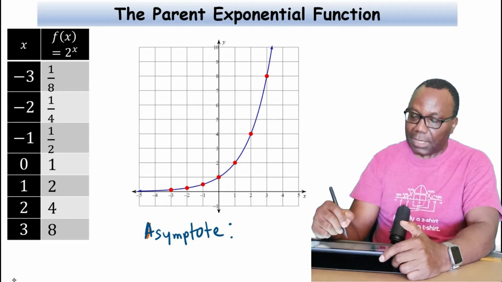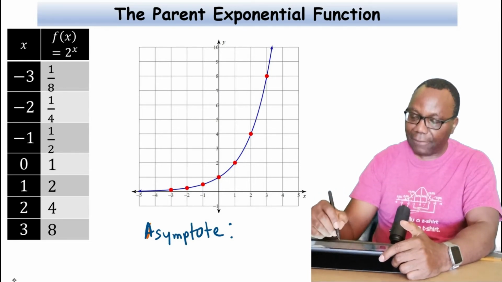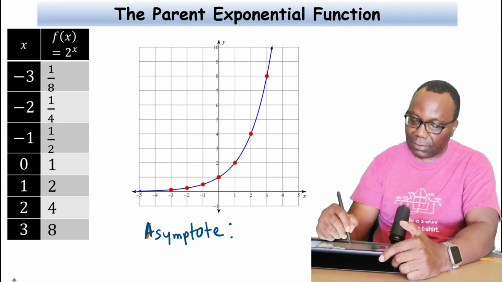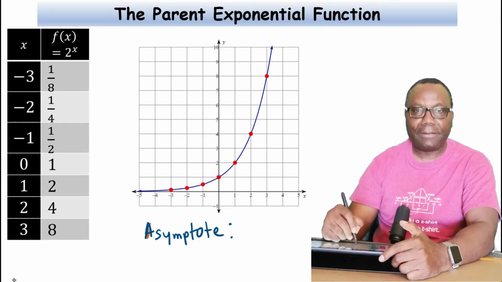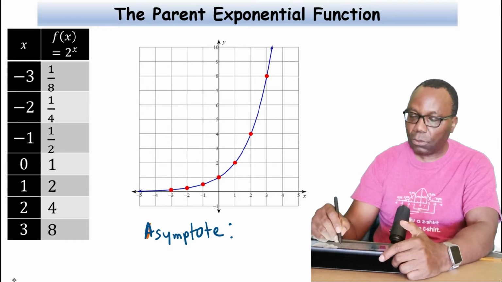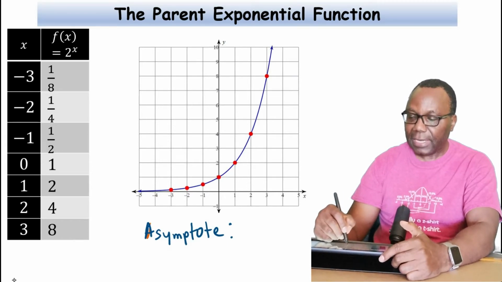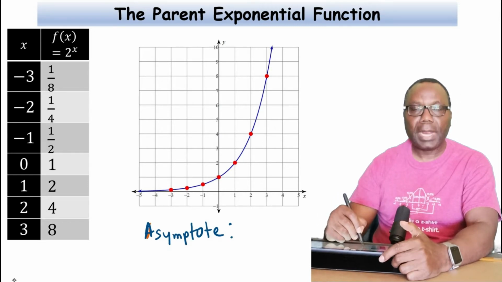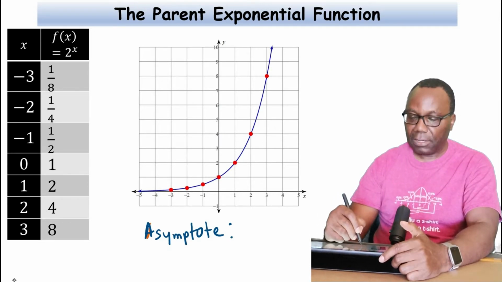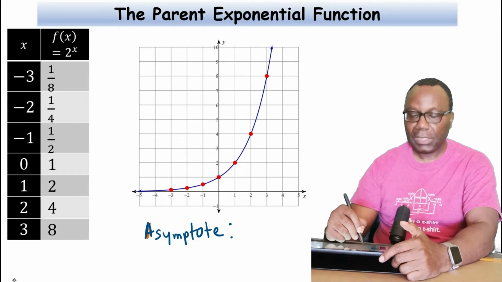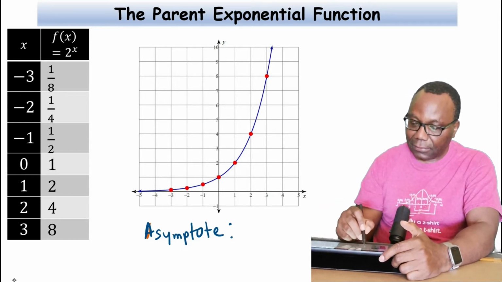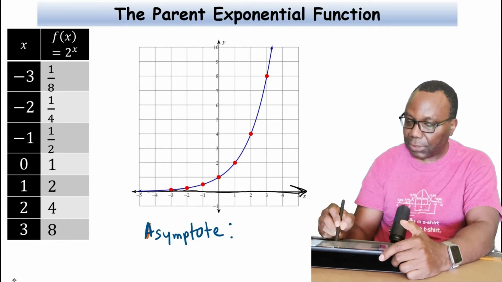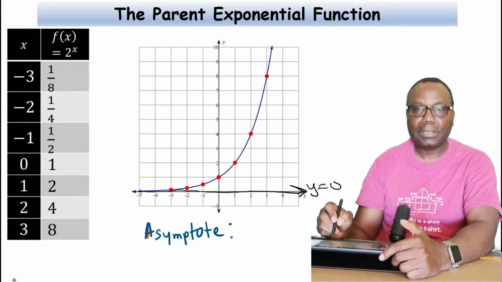Okay, there is something interesting about this graph. As your x value is going towards more negative numbers, getting lower and lower, you're getting near 0, getting near 0, but not quite getting to 0. You're never going to reach y equals 0. That line, y equals 0, is a line that the graph is approaching but never touches.